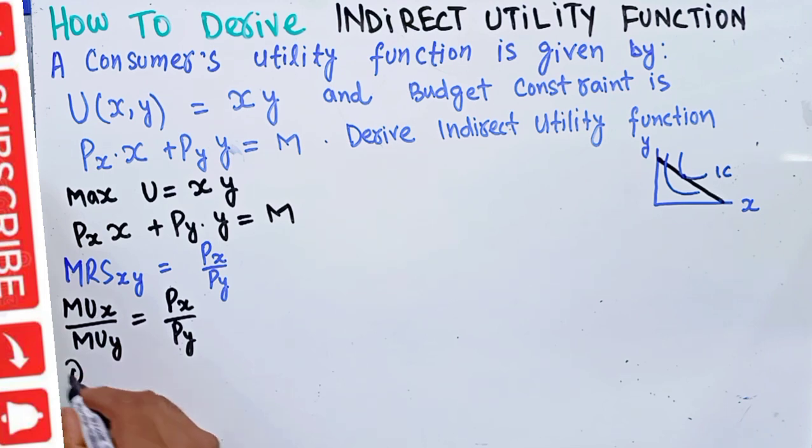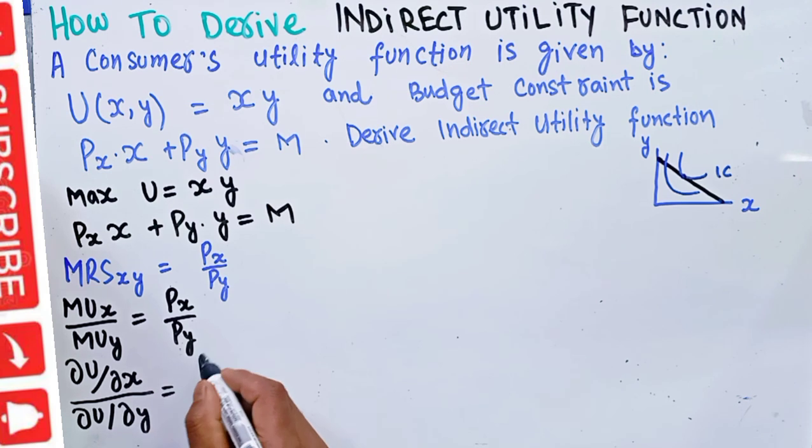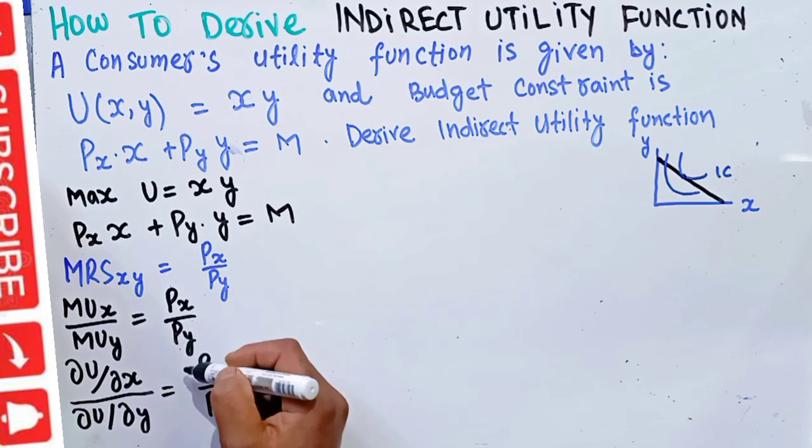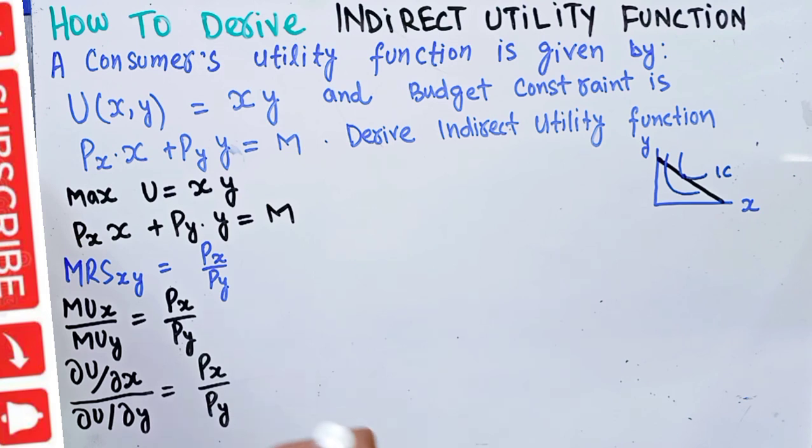It is simply the partial derivative of the utility function with respect to good x. Similarly, MUy, the marginal utility of good y, is the partial derivative of the utility function with respect to good y, and it should be equal to the ratio of the prices, price of x upon price of y.